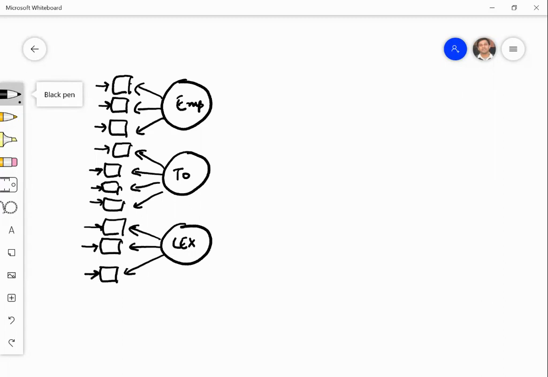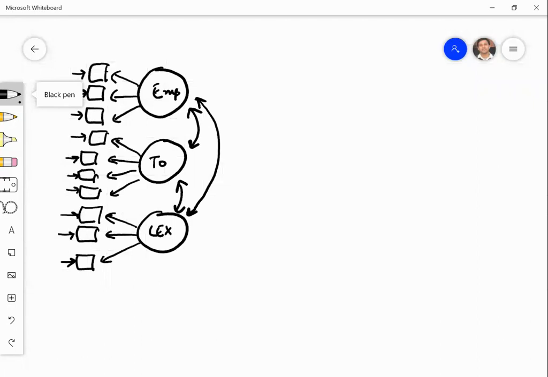We also have these covariances that we model between the latent factors, the first order factors.